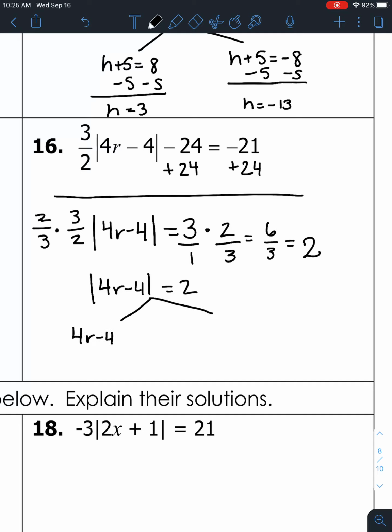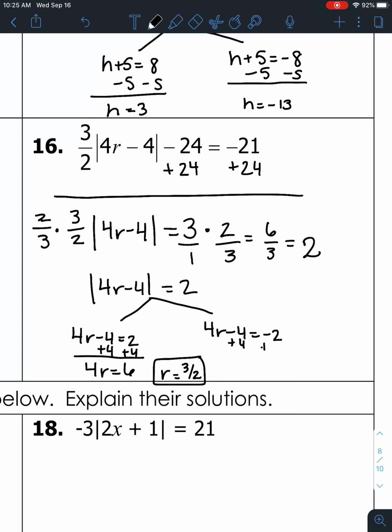4r minus 4 equals 2, and 4r minus 4 equals negative 2. Going to add 4 to both sides. So 4r equals 6. Divide by 4, so I get r equals 3/2 for this one.